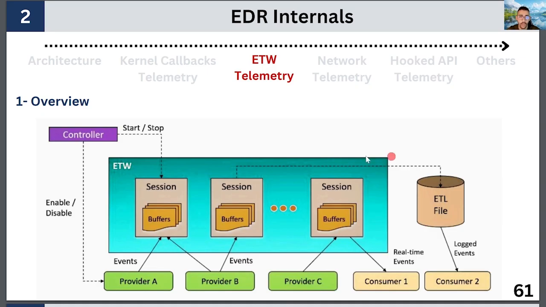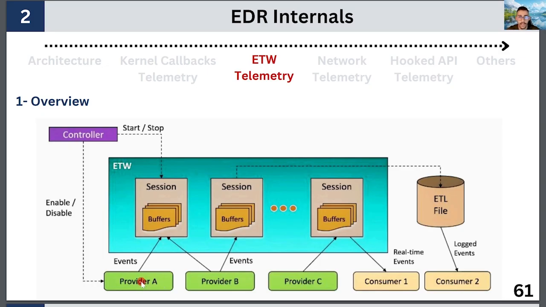consumed. The controller is responsible for managing ETW sessions, starting or stopping ETW sessions to begin or terminate event collection, or enabling or disabling ETW providers to control which event sources are actively generating events.